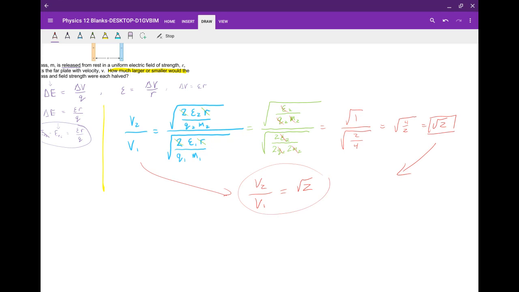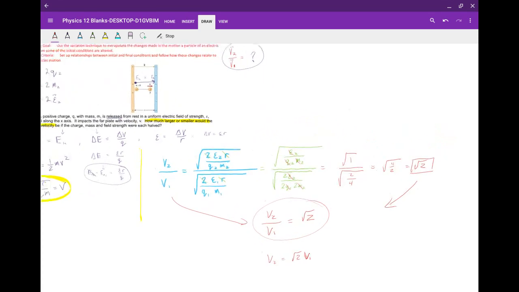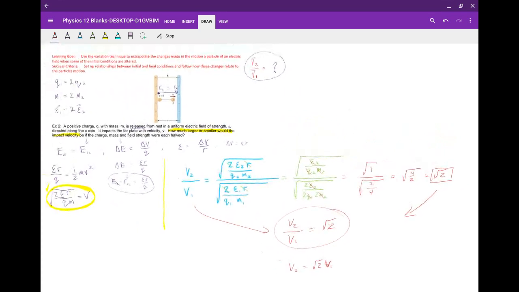Another way of looking at that is V2 equals the square root of 2 times V1, and you can see that's what's going on there. Okay. Anyway, that was a pretty fun question. Go ahead and take a look at similar questions like that.